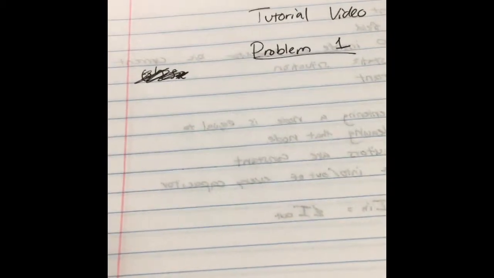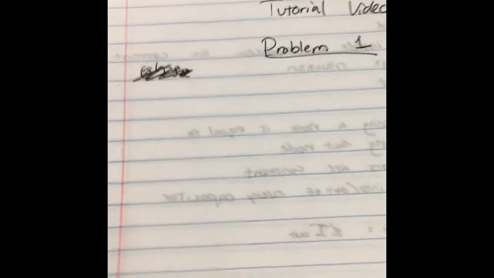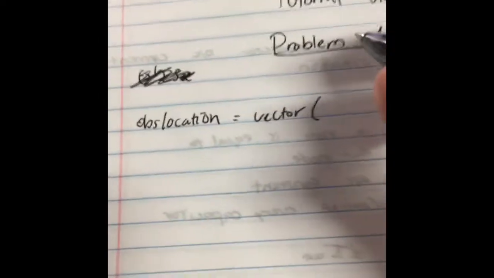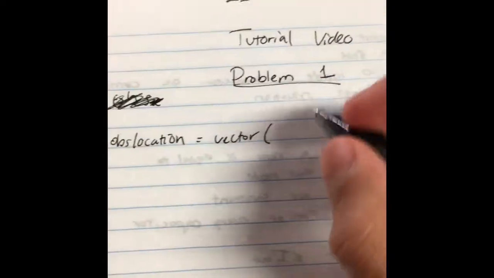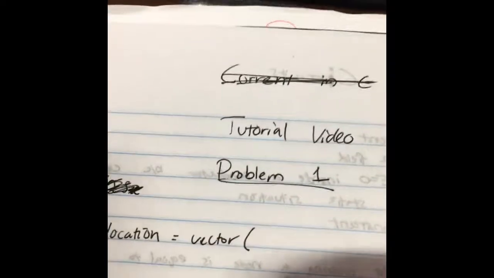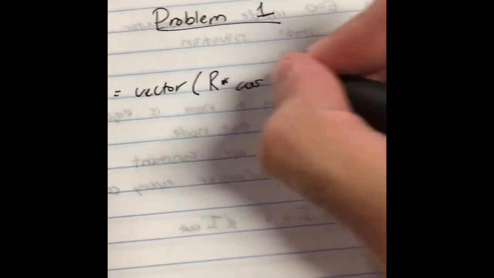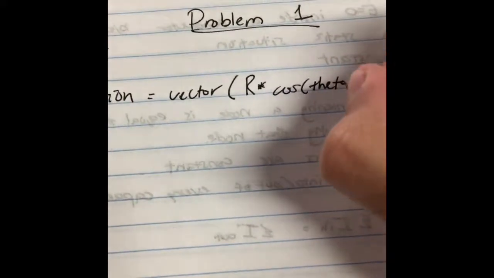This is problem 1 of the physics exam. If you want to find the vector for each observation location, here's what you need. In order to find the x component of the vector, you need to multiply the radius by cosine of theta.